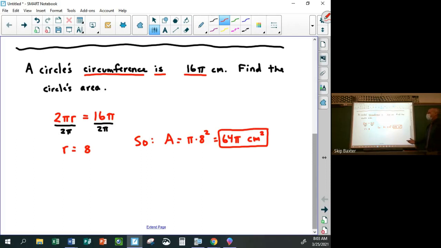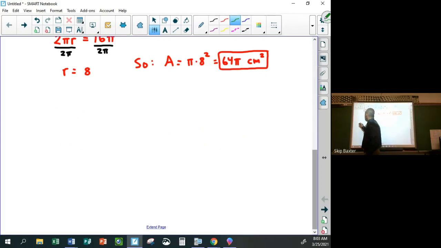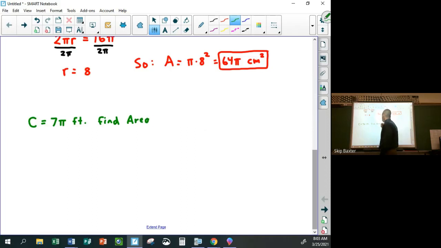Now, if it happened to be that maybe they give you a circumference that's not an even number or something like that, that's okay. Like if they said the circumference is like 7 pi feet, find the area. It's the same type of problem, you just have to deal with decimals.